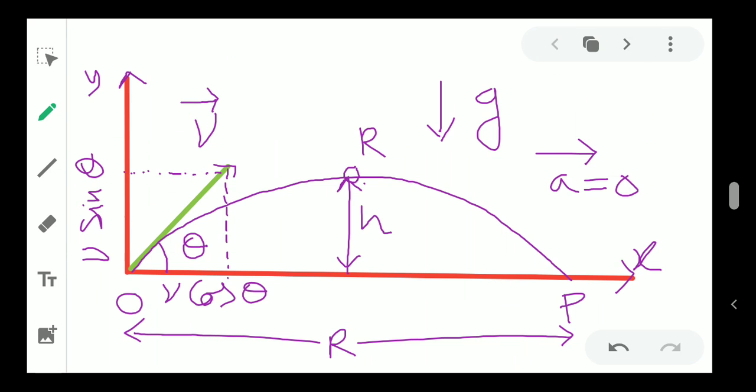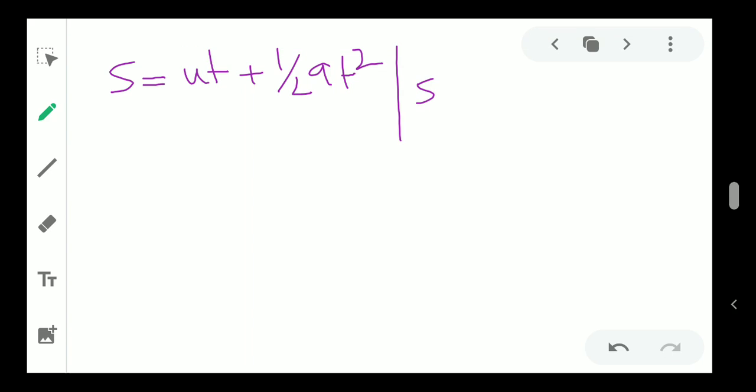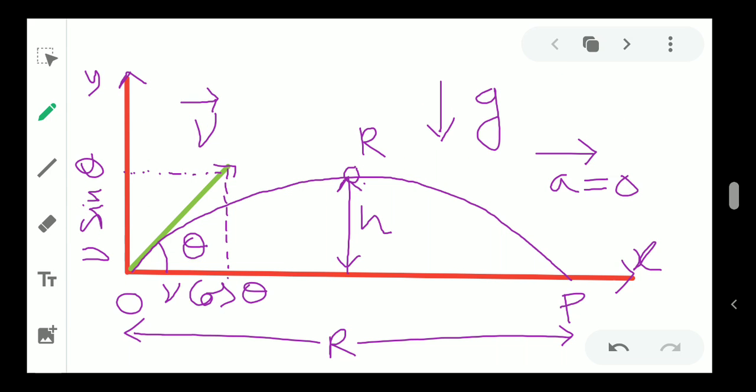Now coming to the next one, my height, how much it has gone. Let us use the formula s equal to ut plus half at square. One more formula I have is v square equal to u square plus 2gh. While going up, the acceleration is against motion, my final velocity is 0 and my initial velocity is v sine theta.